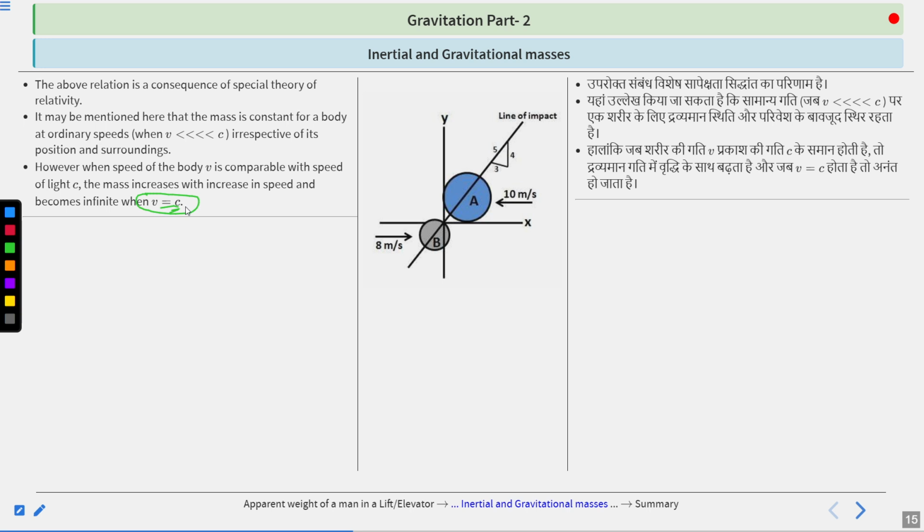So you can say generally, when v is many times smaller than c, the mass of a body remains constant. But as v approaches c, the mass of the body starts increasing, and becomes infinite. So the inertial mass of the body rises with the speed of that body.